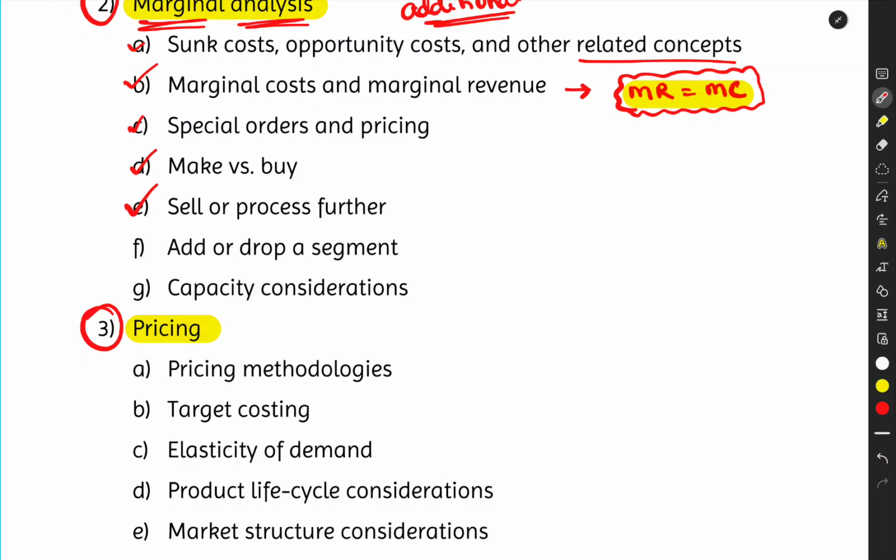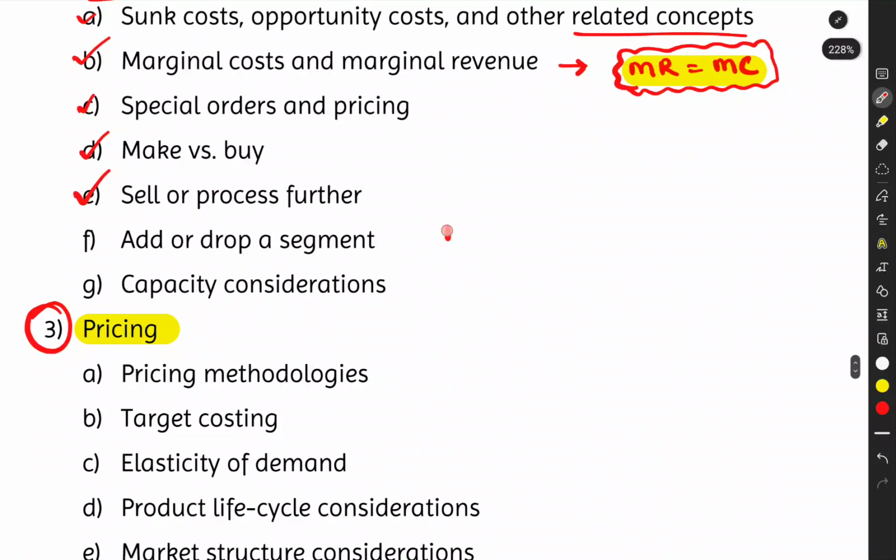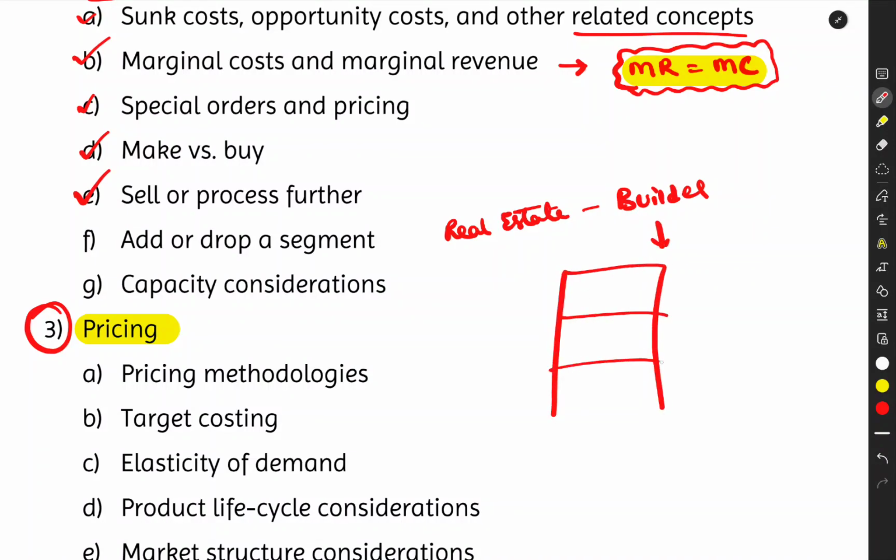Usually, you can see these kind of things in, let's say, suppose I am a real estate agent. I'm a builder. So I have an option here. I have built an apartment.